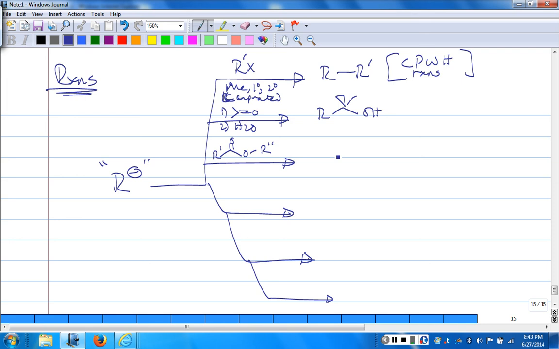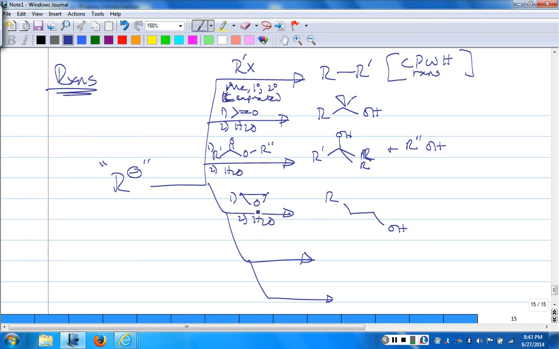They react with esters followed by water, and they generate R prime, OH, R, as well as R double prime, OH. We spent a lot of time on that one today. They react with oxiranes, followed by water, and they generate R, OH. And these are fairly standard reactions.